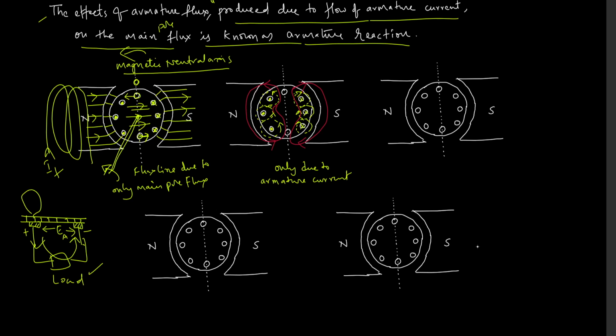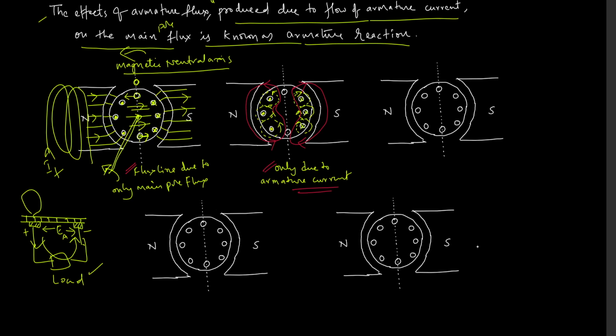There are actually two fluxes in the machine, one due to the main pole flux and the other due to the armature currents. I have shown them separately, but they exist together simultaneously.